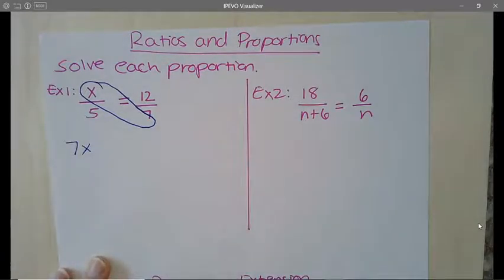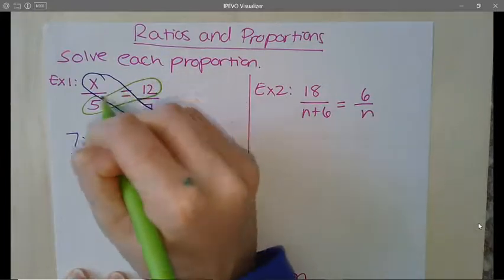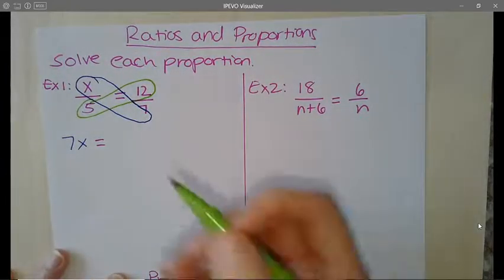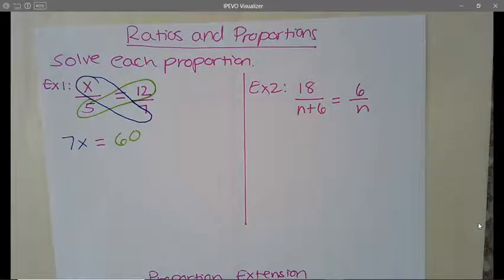Nice job, you guys. And that will equal, going the other way, 5 times 12, which is 60. From here, you simply solve for x. If I currently have 7 times x, I need to move it to the other side.